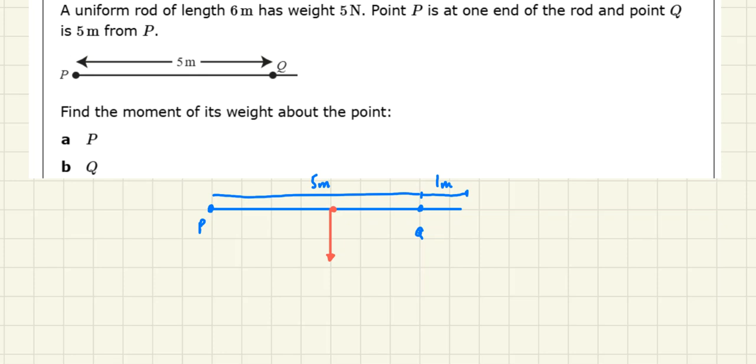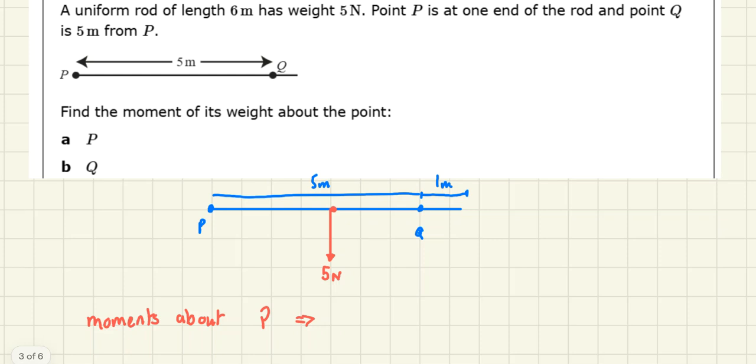It says uniform rod, 5 newtons, so that makes this a 5 Newton force. What are the moments about point P? We're basically asking what turning effect is being applied around point P by the weight.